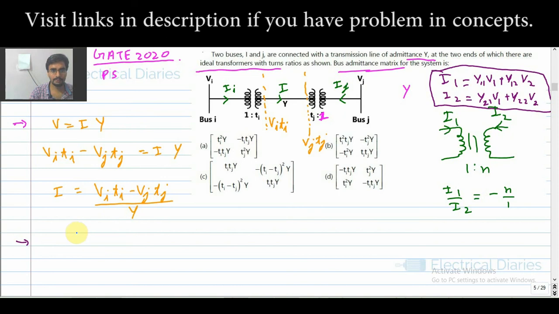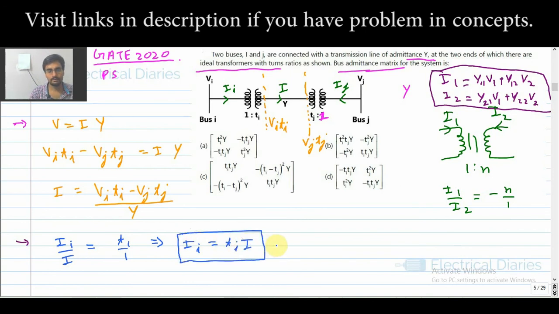I is given like this, so now I could write Ii by I as Ti by 1. So this implies Ii is equal to Ti into I. This is my first equation. Let me say this is the second.